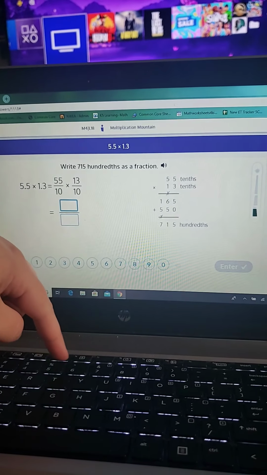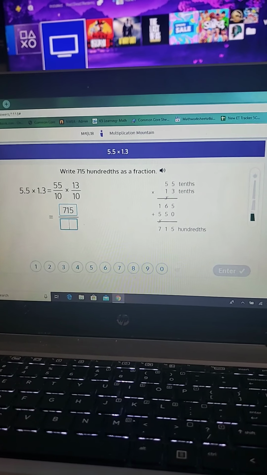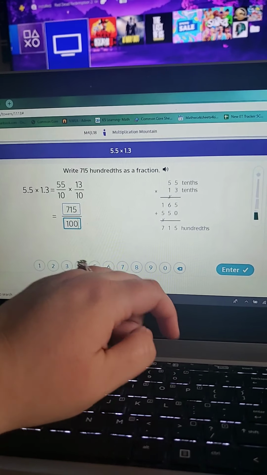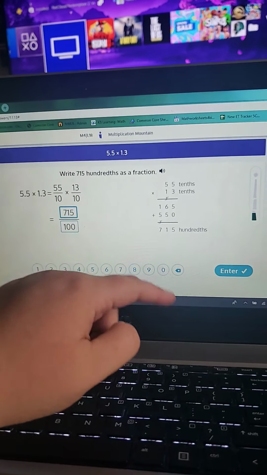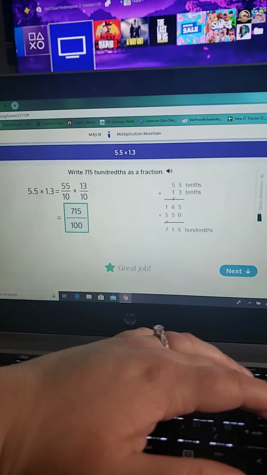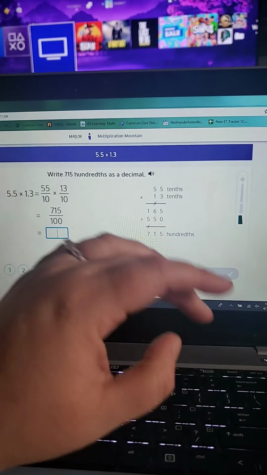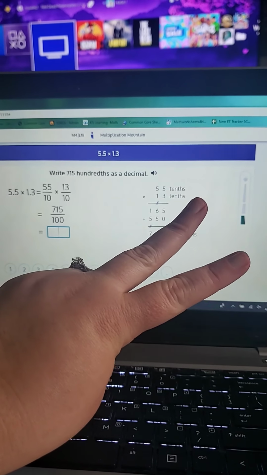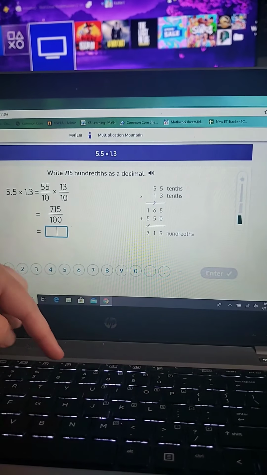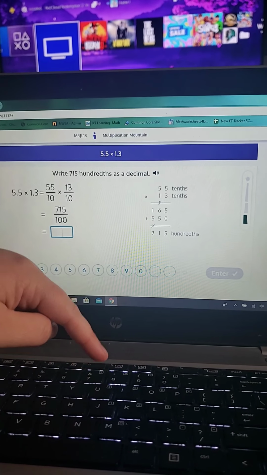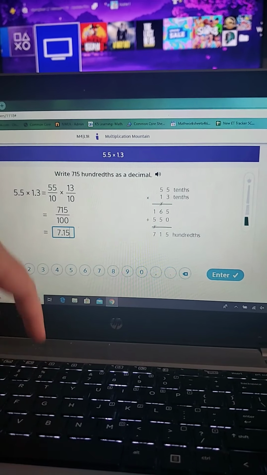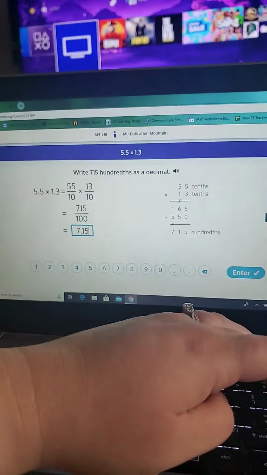So that means you're going to do 715 over 100, because 715, and then 10 times 10. And then because it's over 100, guys, remember that it's going to be 2 numbers behind the decimal because it's over 100. So there's 3 numbers, which means my last 2 numbers are going to be behind the decimal.